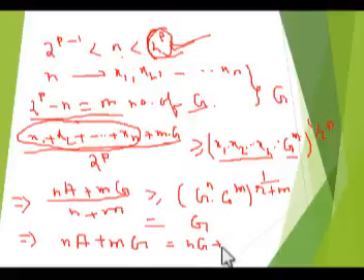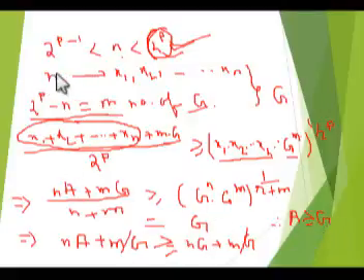Then what you will get is na plus mg equal to ng plus mg. So we can cut these, since both are equal and of the same sign. So at last we get na is greater than or equal to ng. So a is greater than or equal to g, if we cancel n from both sides.